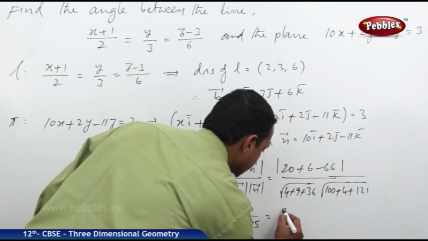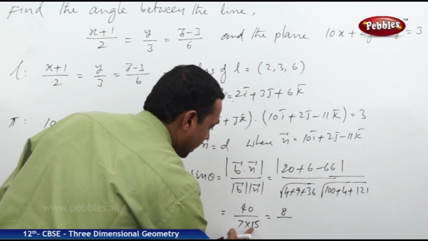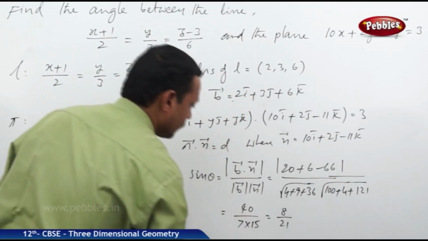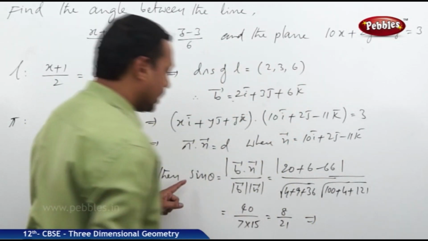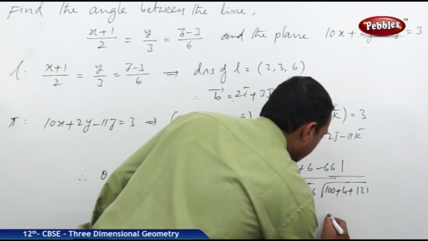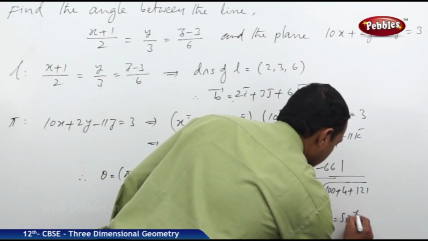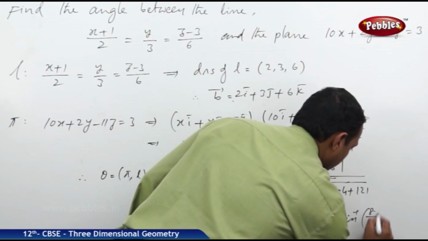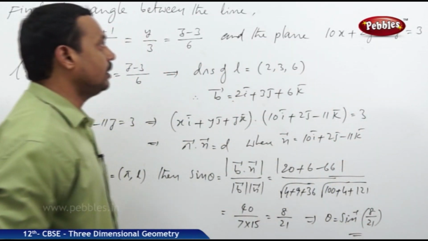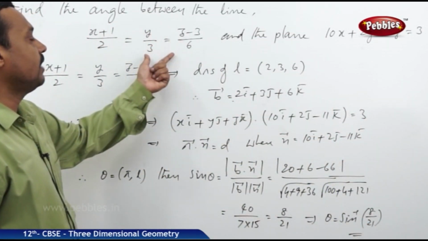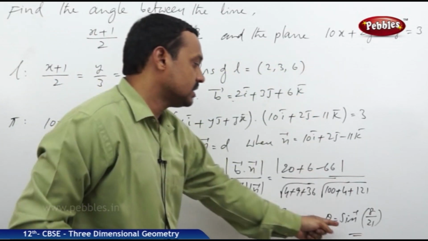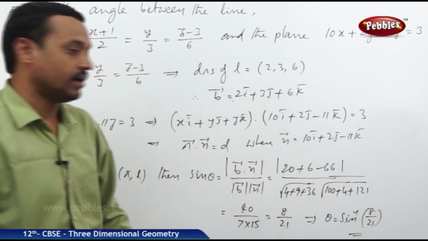The 5 table here is cancelled 8 times, and it is 3 times 3 into 7, 21. Therefore sin theta is equal to 8 by 21. Theta is equal to sin inverse of 8 by 21. Therefore the angle between the given line and plane is sin inverse of 8 by 21.